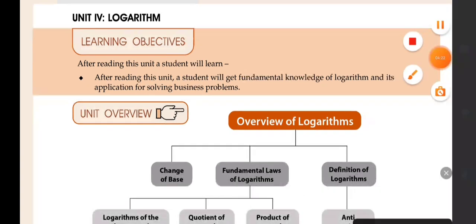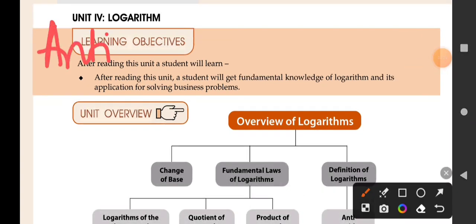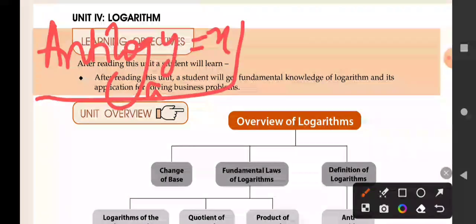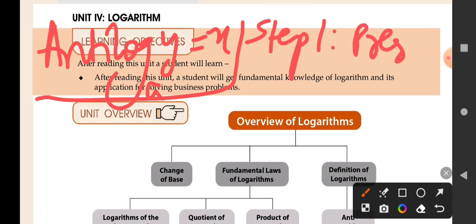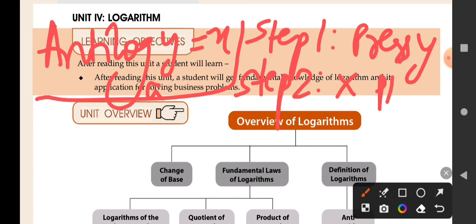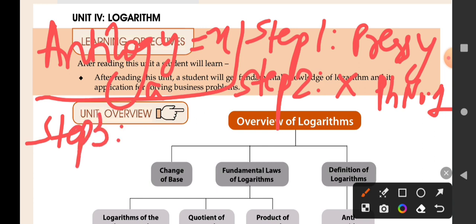How will you calculate anti-log? Anti-log to the base a, anti-log of y is x. So how will you calculate? Step 1: Press y on your calculator. Step 2: Exactly opposite, multiply by phone number 1. Step 3: Add 1.